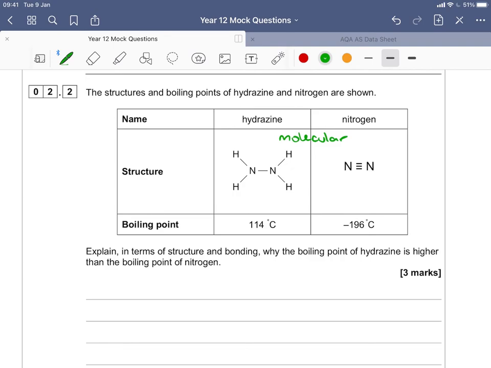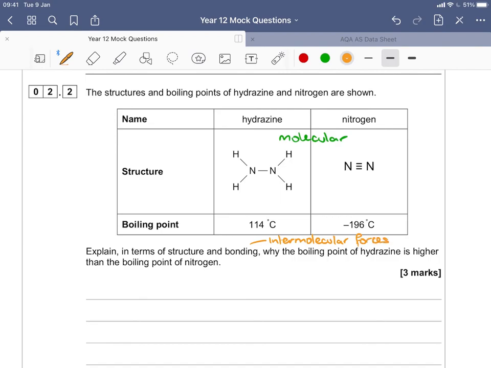And whenever we're talking about the boiling point or melting point of molecular structures, then we are talking about intermolecular forces, okay, forces between molecules. So the bonding they're really talking about, I don't feel it's completely the right term they're using, but we're talking about intermolecular forces.